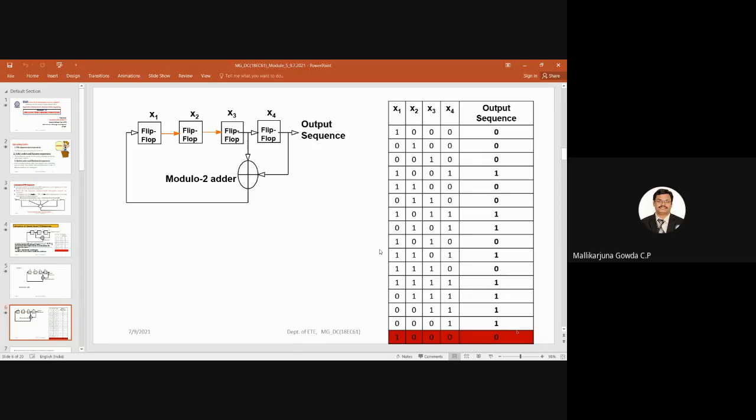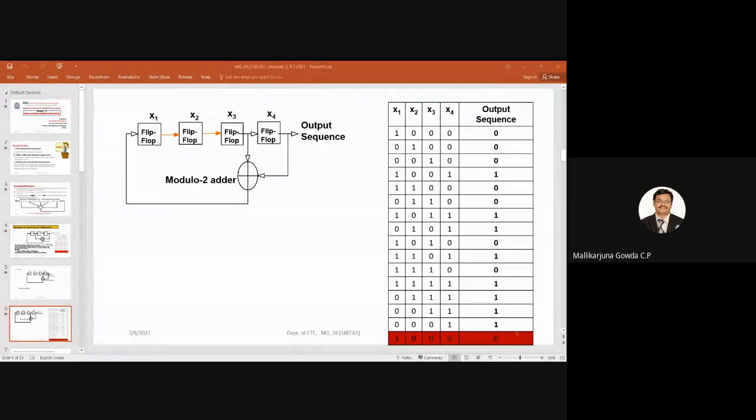Yes, Noreen, what is the initial state you have taken? Hello? Yes, sir. What is the initial state you have taken? 0001. Okay, if you have taken 0001, then your sequence will start from this point.